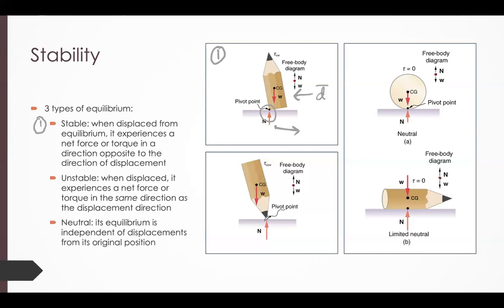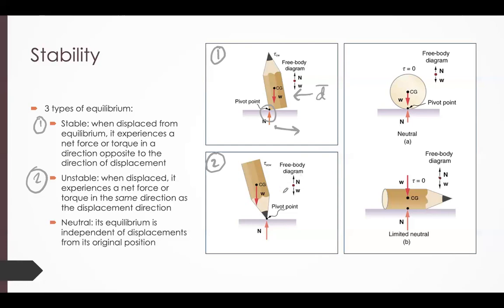Now we have another kind called an unstable equilibrium. That is going to be where you have a pivot point, such as this one.